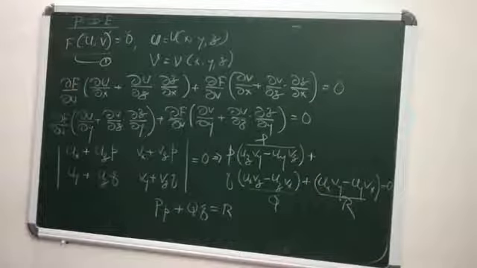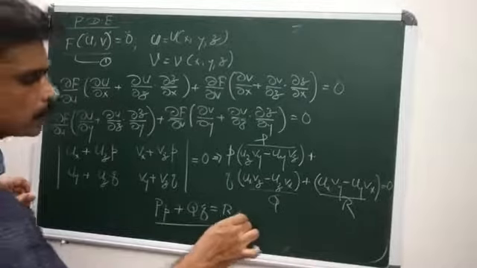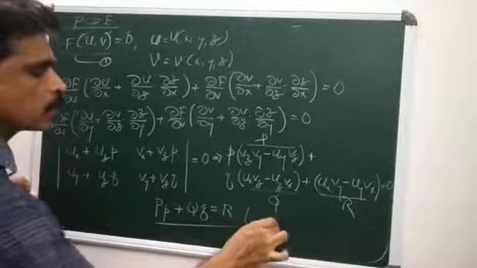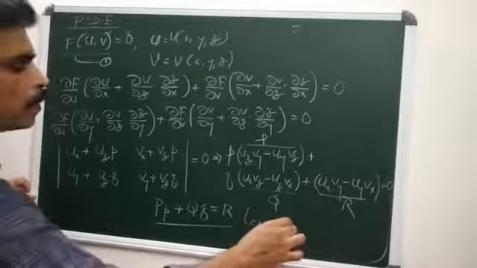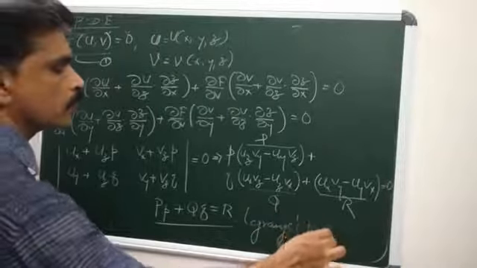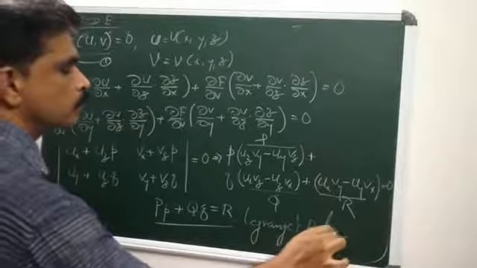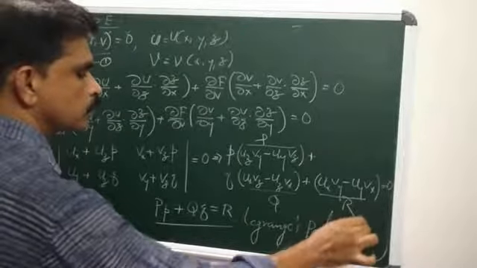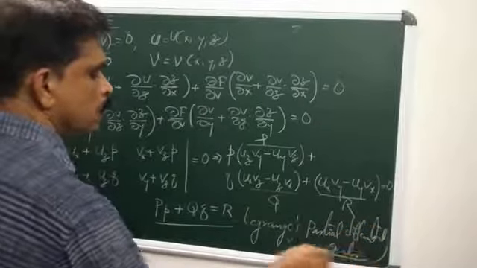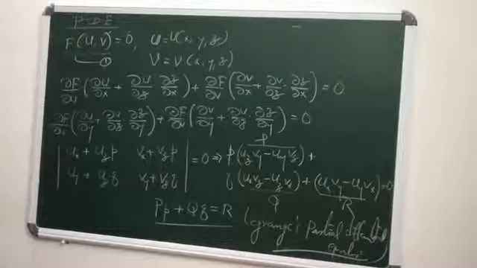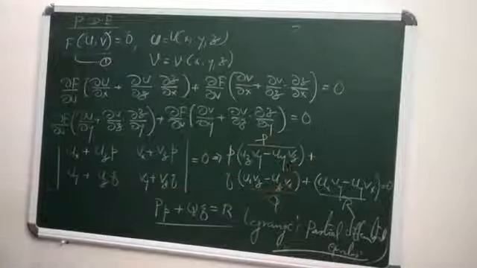So it is Pp plus Qq equals R, which is called Lagrange's partial differential equation. So Lagrange's partial differential equation is of the form Pp plus Qq equals R, where capital P, capital Q, capital R are defined in this way.